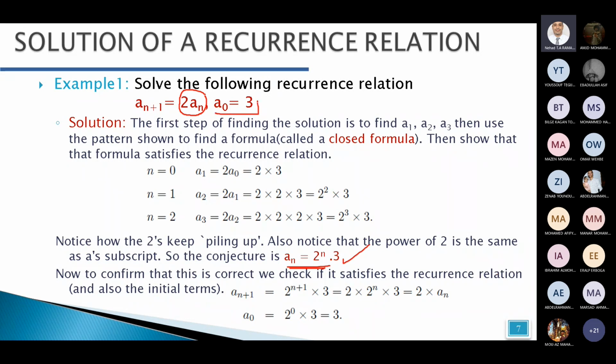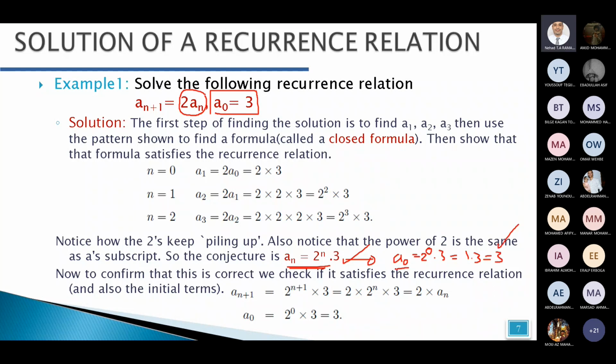Now for the initial value, meaning A naught. Apply A naught here. A0 is equal to 2 power 0 multiplied by 3, since instead of n we put 0. So it's equal to 1 multiplied by 3, which is 3. So correct.